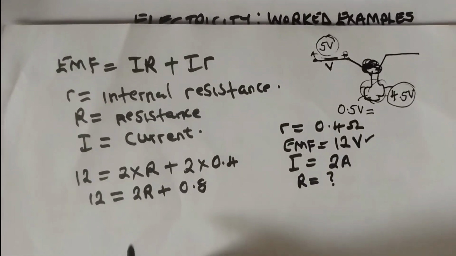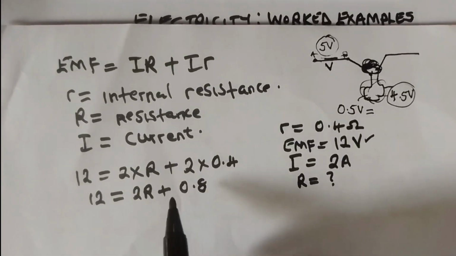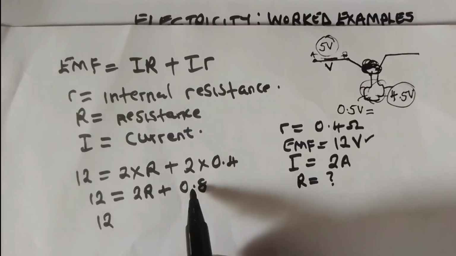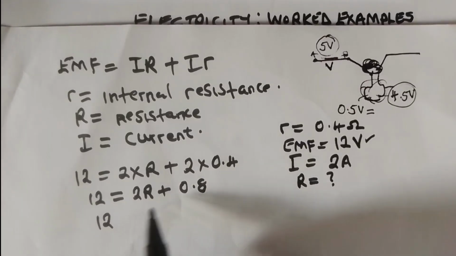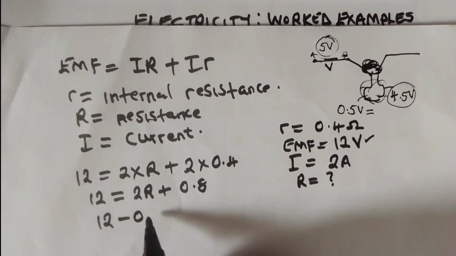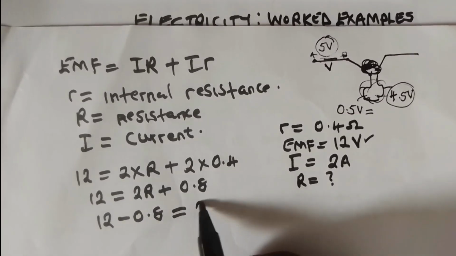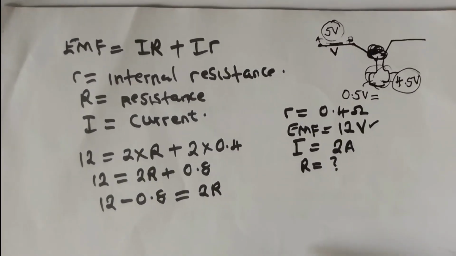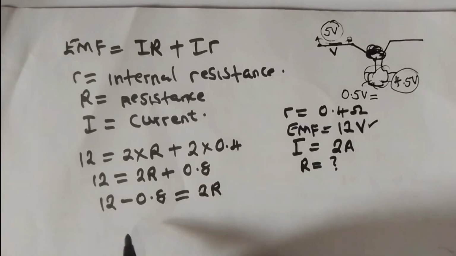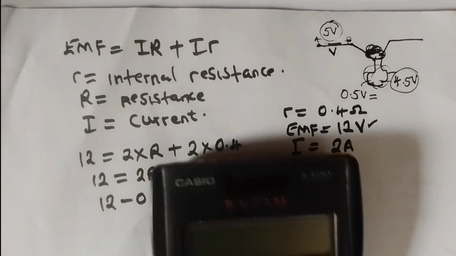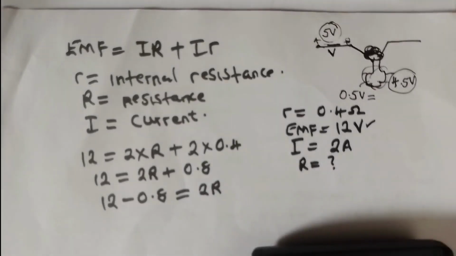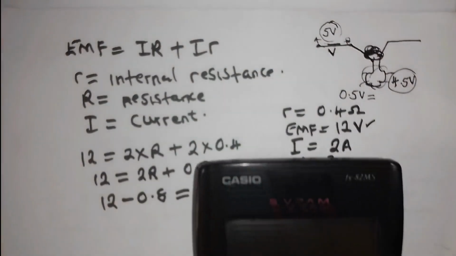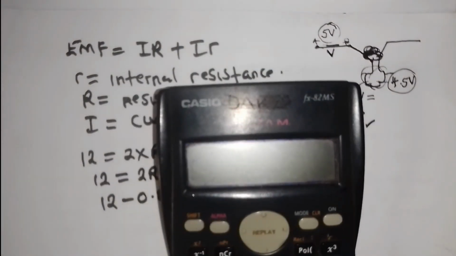Now we can collect the like terms. This 0.8 will come to the other side, so it is positive and becomes minus 0.8.